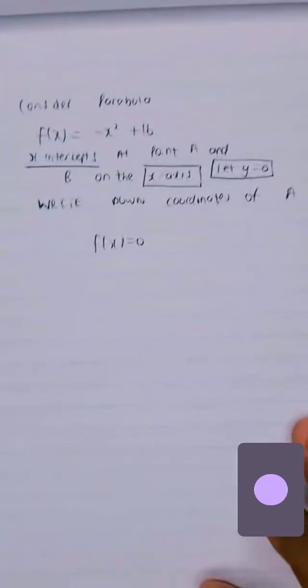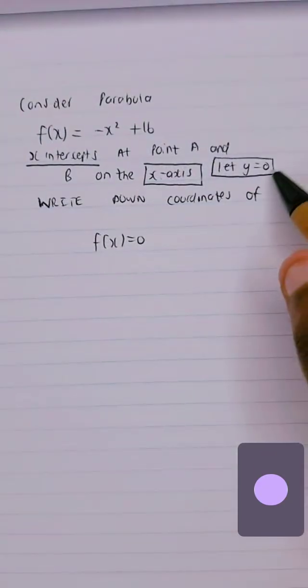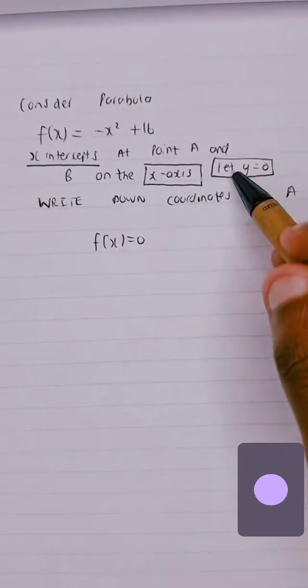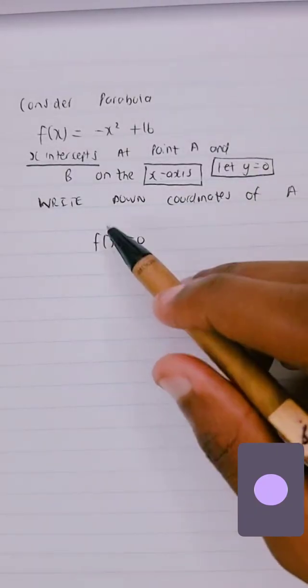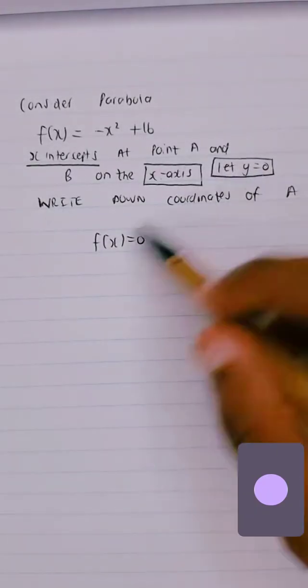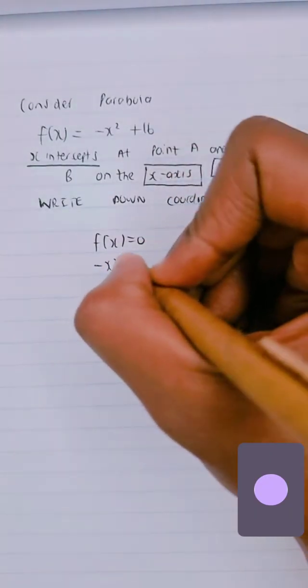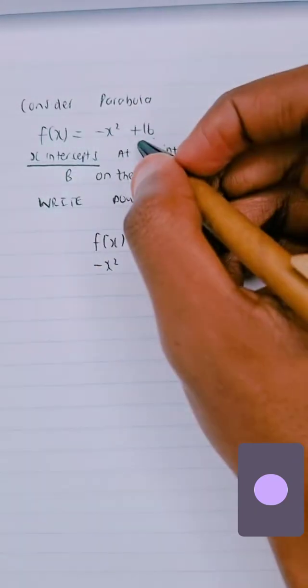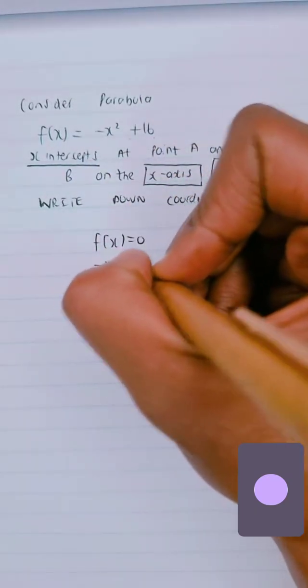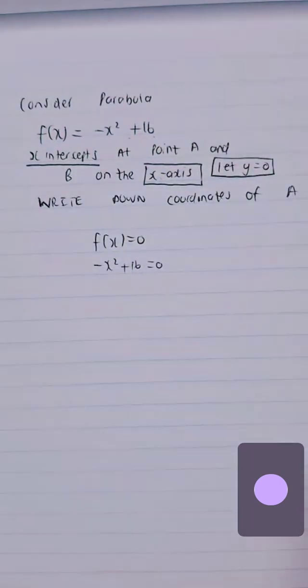So f of x is equal to 0, right? Yes. Because f of x, we remember, is y. F of x means y. So we can say f of x is equal to 0. Then that means negative x squared plus 16 is equal to 0. Then we can solve.